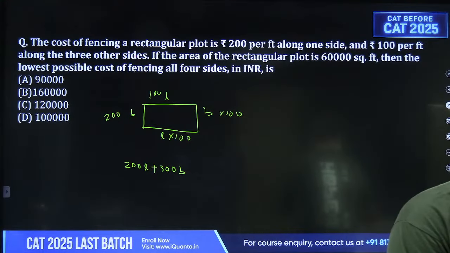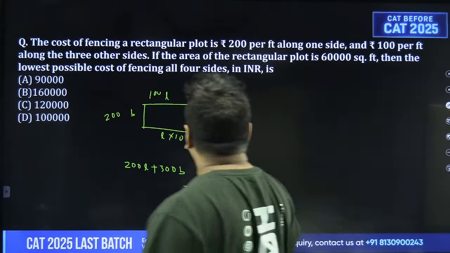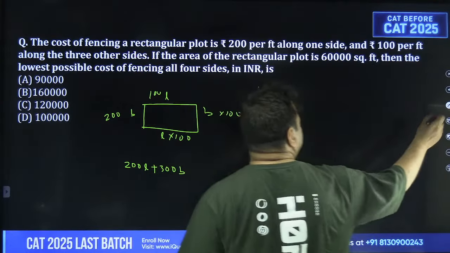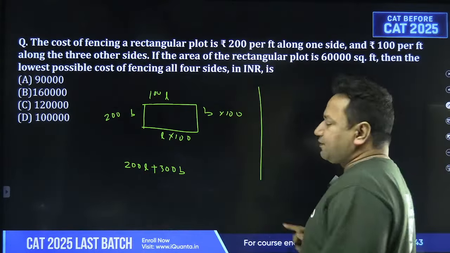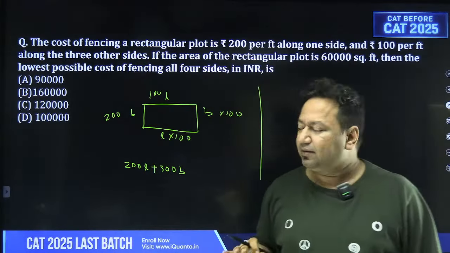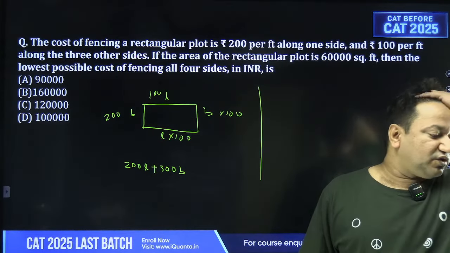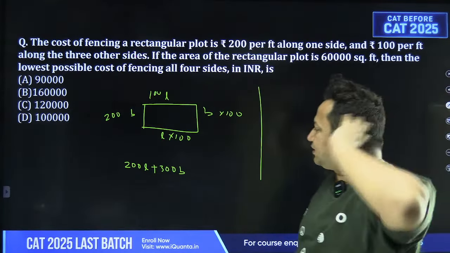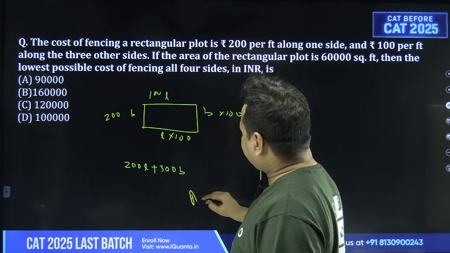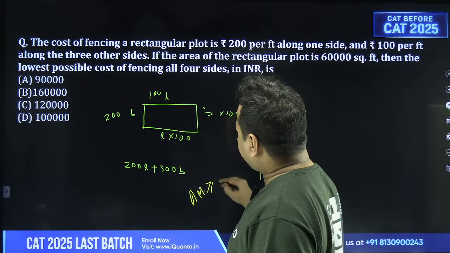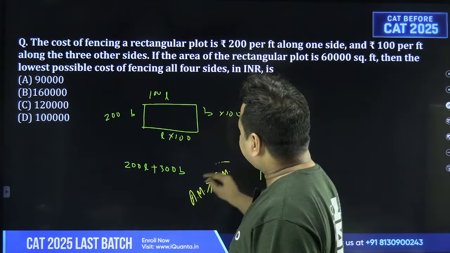Yes or no? Now let me make it very simple. 200L plus 300B is what we are discussing. All of us know one thing, arithmetic mean is greater than or equal to the geometric mean.